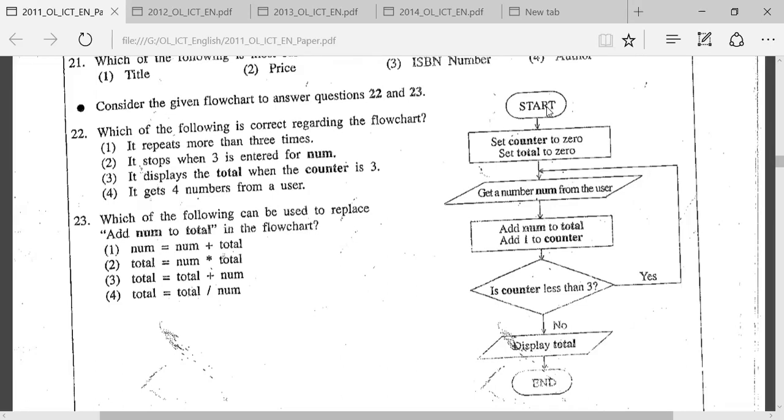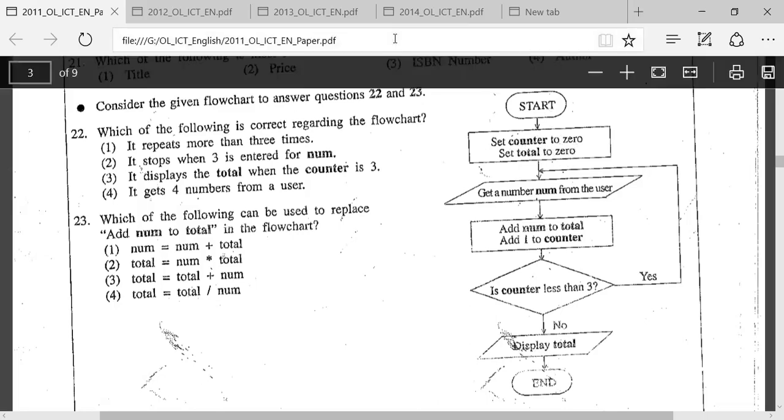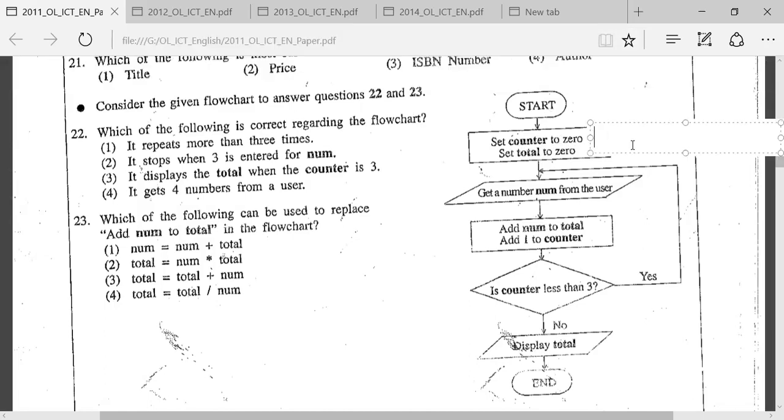Start. Set counter to 0, right? So before considering your question, you have to convert this to equations. So counter equal 0.